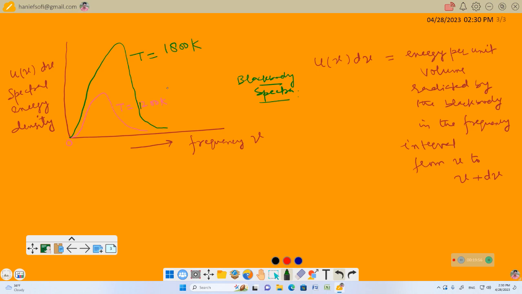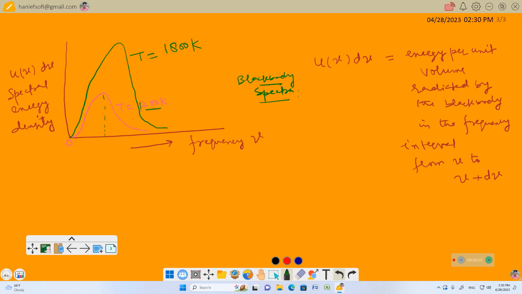Now see what changes occur. First, observe the curve. The energy radiated per unit volume in this particular frequency range, nu to nu plus d nu, changes with frequency. At this frequency, there is a peak. That means at this particular temperature, 1200 Kelvin, the energy radiated is maximum at this particular frequency.